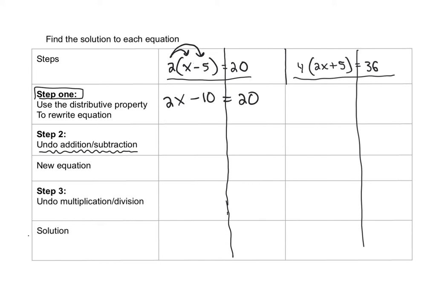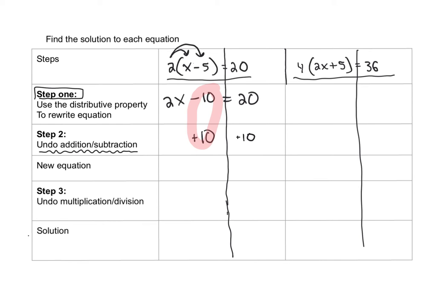So what turns -10 into 0? Adding 10. If I add 10, this -10 and this +10 make a big 0. But remember we're trying to keep our scale balanced, so I have to add 10 over here as well.